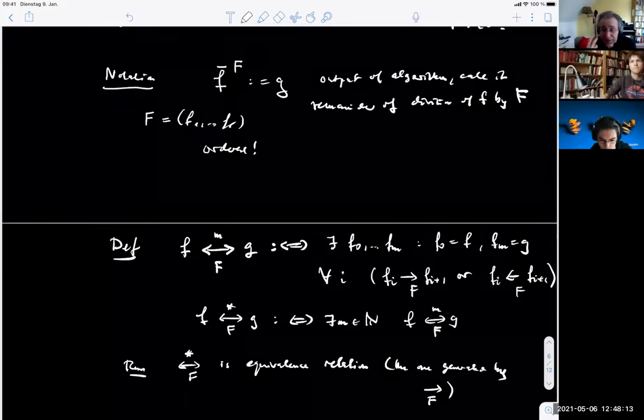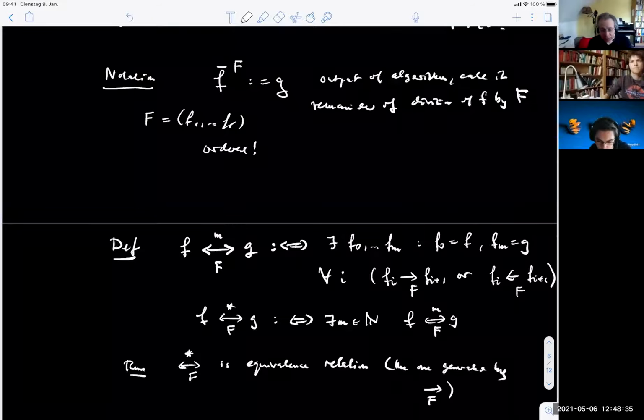The ideal is generated by a list of polynomials given by the set capital F. And then I have this polynomial small f. I want to know, is it in the ideal? How would I algorithmically decide this? And I want to decide this using these reductions.